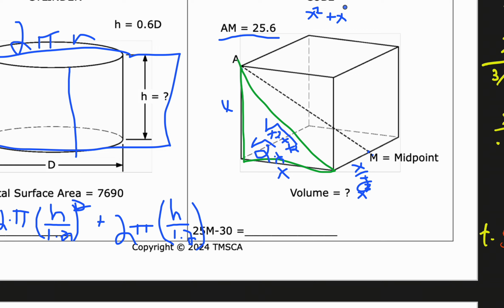So that's another x squared, and then plus c squared. And in this case, c is not a full distance x again. So that would be x over 2 quantity squared, all of those distances squared, is going to be equal to 25.6 squared.